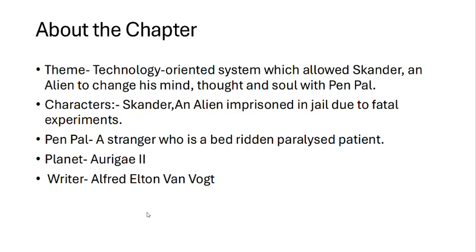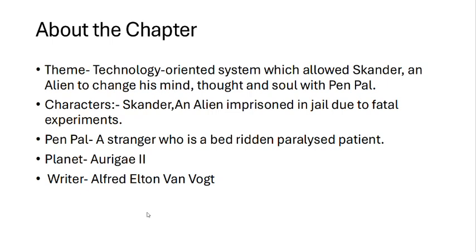Now, looking at the characters in this story, Skander. Who is Skander? As I've earlier told you, he is an alien. Now, this alien is imprisoned in jail. He has been put behind the bars due to some experiments performed by him which proved to be fatal to the general public.